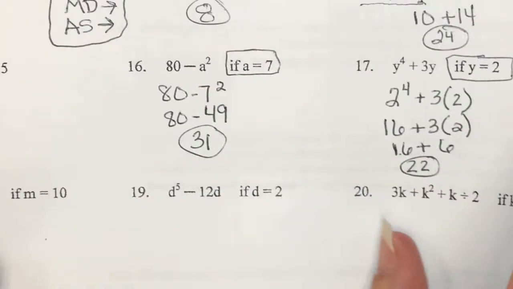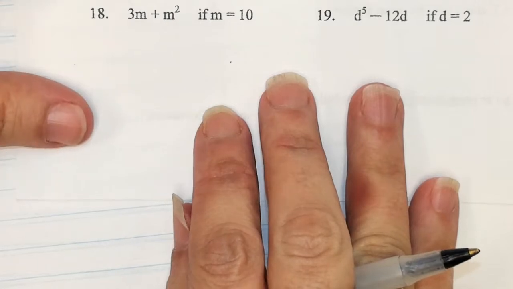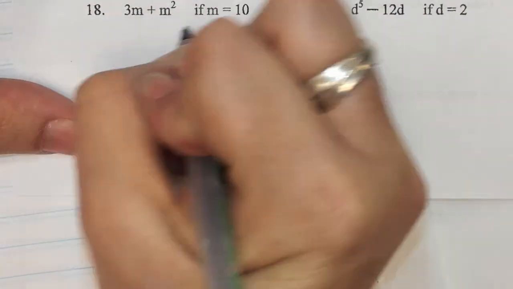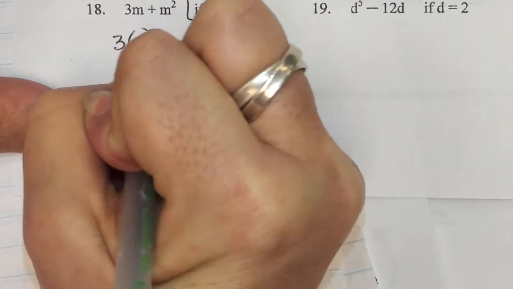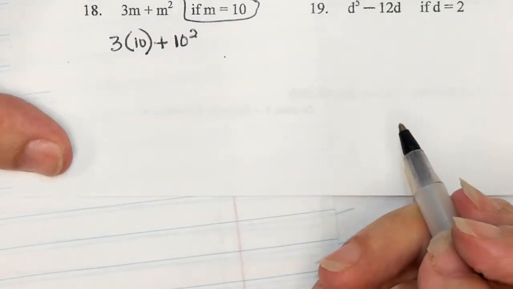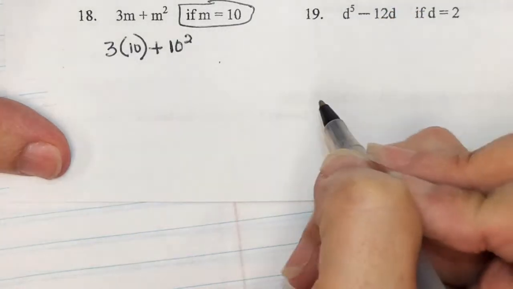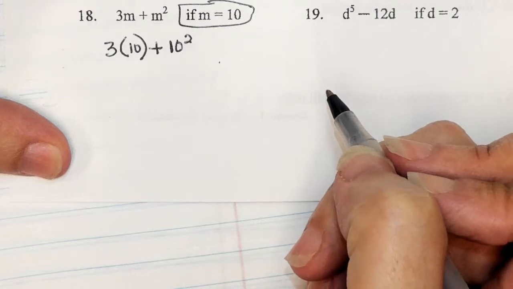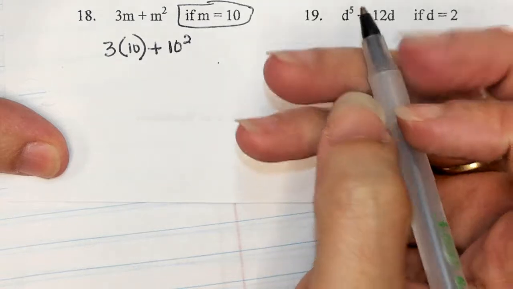Okay. Going into 18. Please listen. Here we go. 3m plus m squared. And m is 10. So, 3 times 10 plus 10 to the 2nd power. Okay. What should we do first? I wish y'all would wait on me. 2nd power, right.